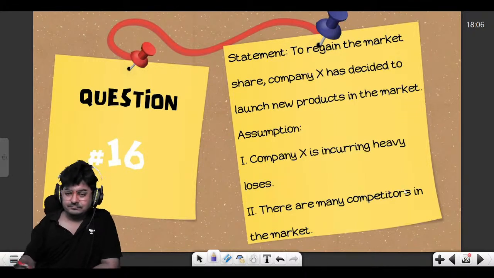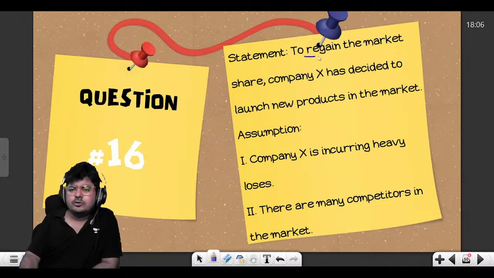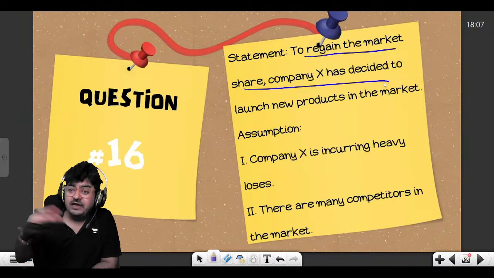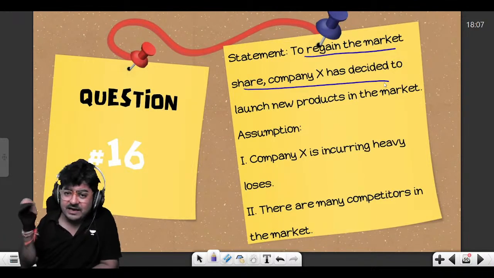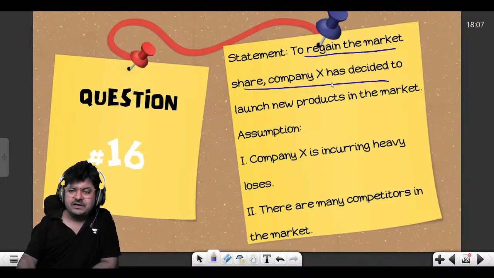Okay. Now, statement. To regain the market share. Regain मतलब market में अपनी position दोबारा बनाने के लिए company decided to launch new products.